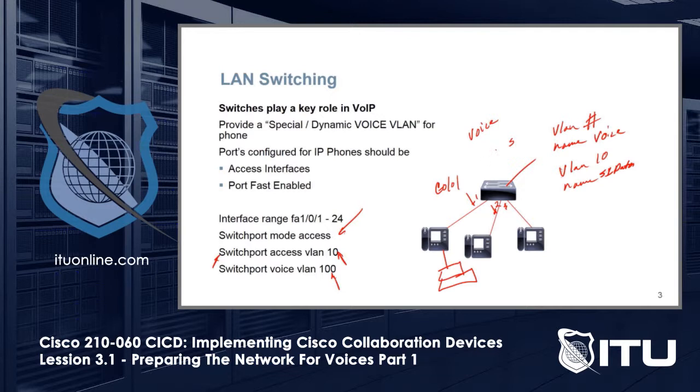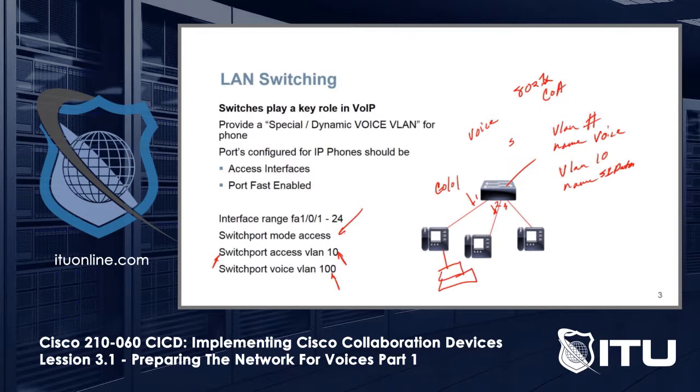Anytime other than that, basically, it's 1 VLAN per switch port, unless there's one other way that I might be able to decide what device gets a VLAN, depending on how it's connected, and that's if I'm using 802.1X. I don't want to get into that here. This is a collab course, but I just wanted to mention it because with 802.1X, essentially, we're authenticating our network devices, and then based on that authentication, we can do what's called a change of authorization.